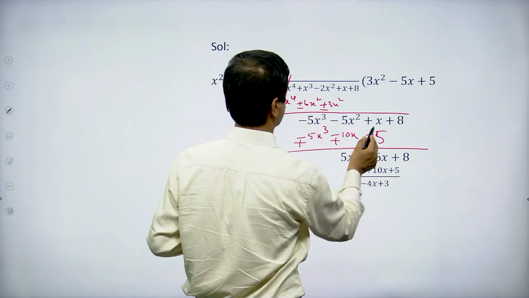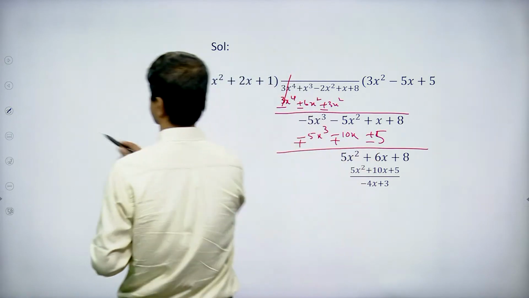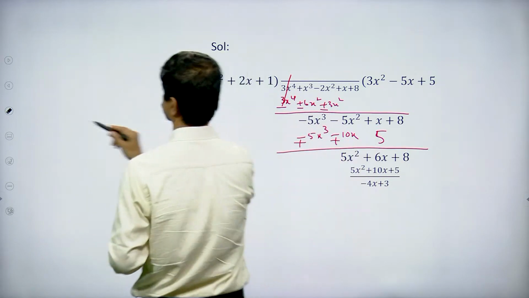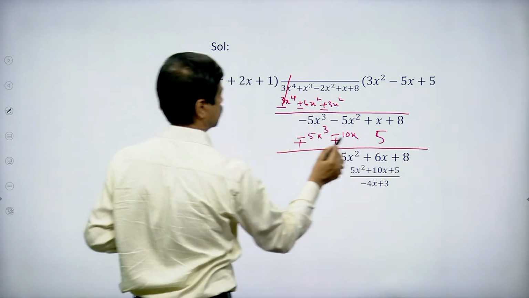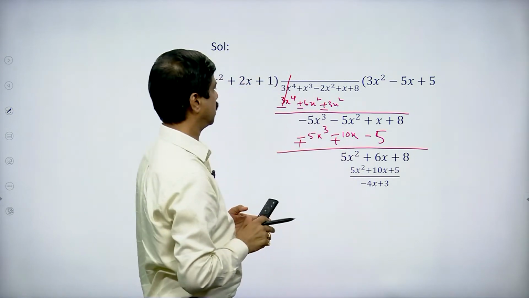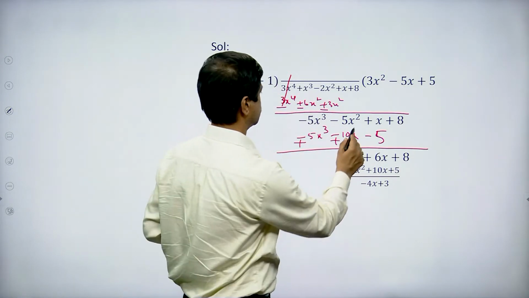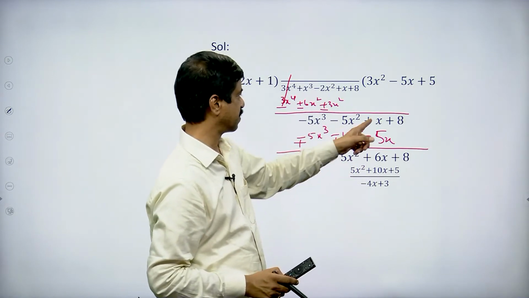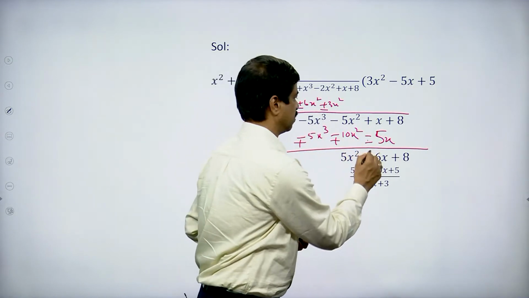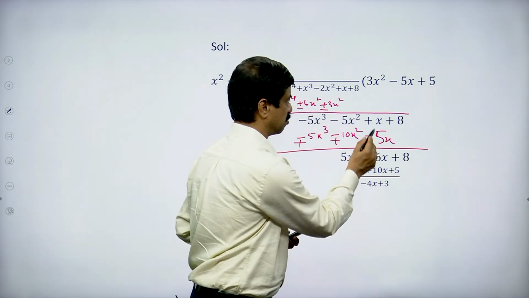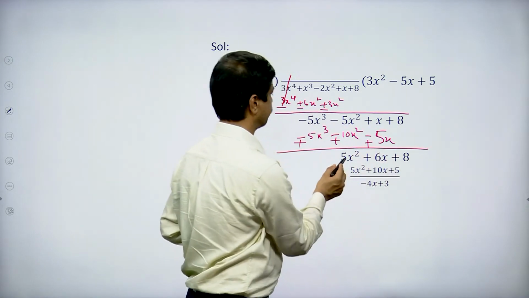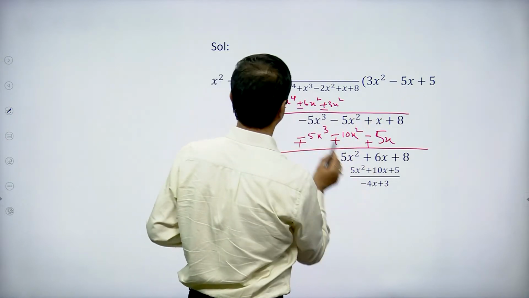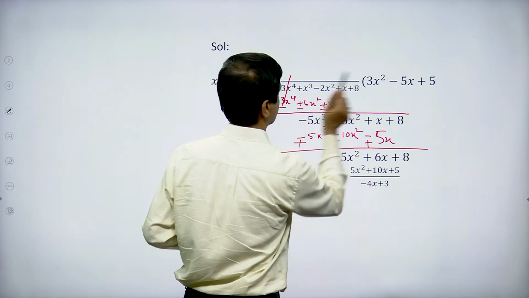Minus 5 into 1 is minus 5x. So this is minus 5x, this is 10x square. So this is minus 5 plus 10 is 5x square. 1 minus of, if it is 1, minus becomes plus, so x plus 5x is 6x plus 8. So x square into plus 5 is 5x square. So 5x square plus 10x plus 5.